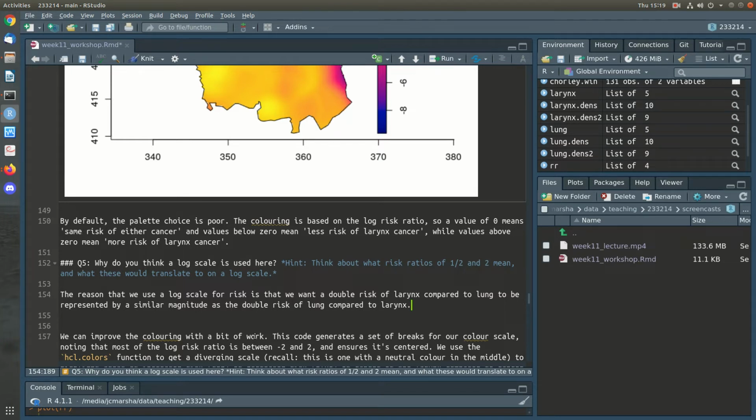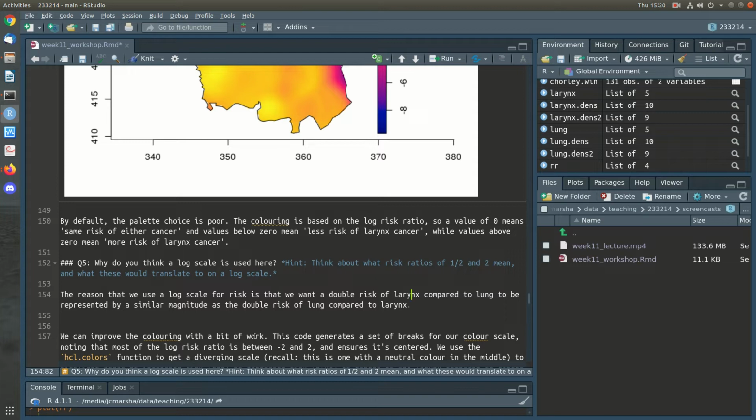right? But if we use normal risk, the risk ratio, if we're doing larynx divided by lung, and larynx is twice as risky as lung, then that's going to be 2 divided by 1, which is 2. Whereas if lung has twice the density of larynx, it's going to be 1 divided by 2, which is a half, right? And the neutral risk is 1.